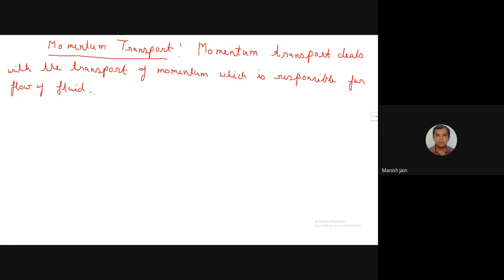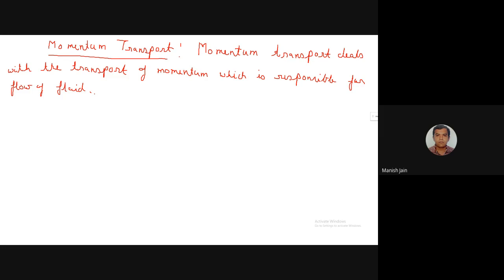Sir, momentum is conserved. Momentum is conserved, that is Newton's second law. And the third law: every action has an equal and opposite reaction. So when you apply these laws on the fluid, that becomes momentum transport.